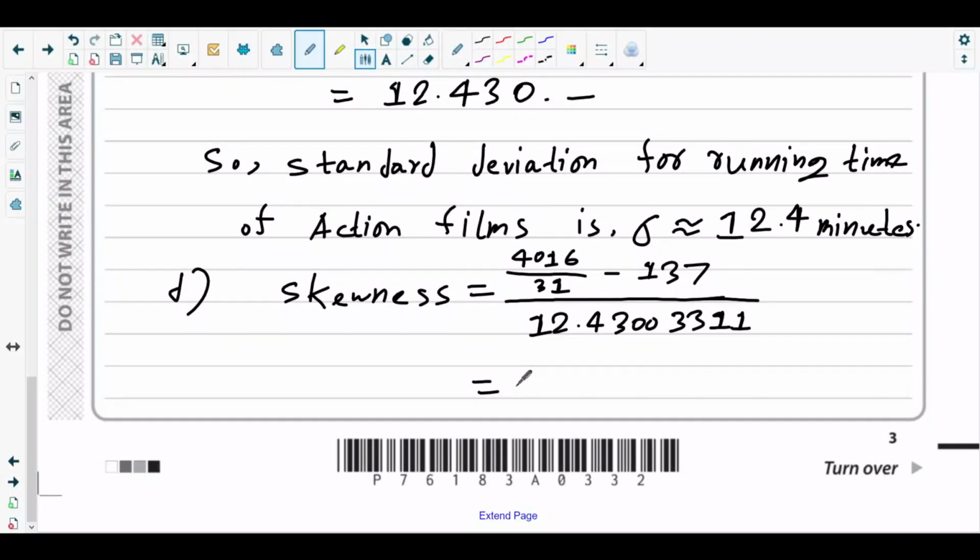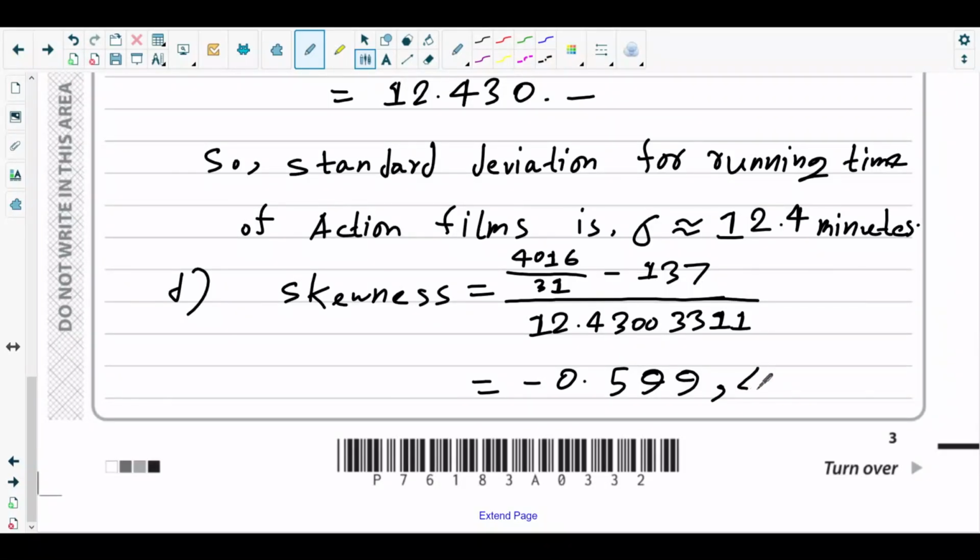Okay, so the measure of skewness, let's calculate. 4016/31 minus 137, divide the answer. The previous answer was saved in my calculator, so we got negative 0.599. This is the measure of skewness that we got. Based on that, we need to say what type of skewness this is.